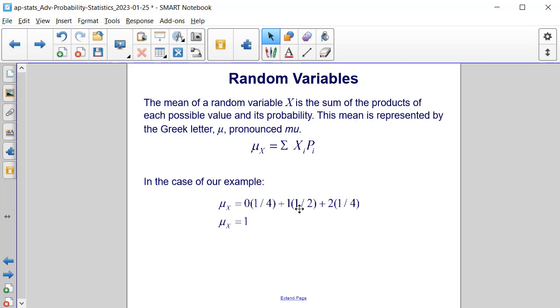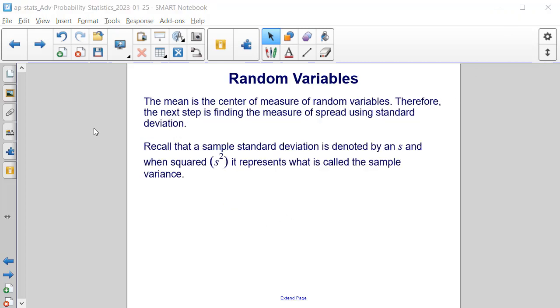So we would have 0 plus 1/2 plus another half, which is equal to 1. So that's what the mean of the random variable capital X, or mu sub X, is equal to.